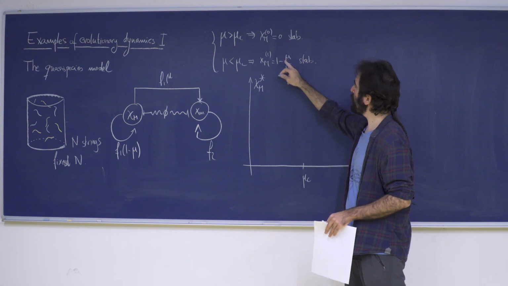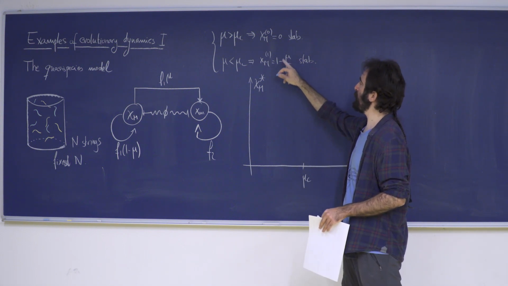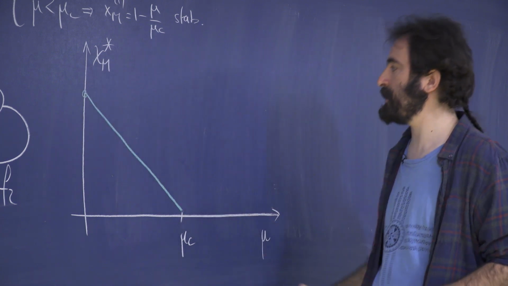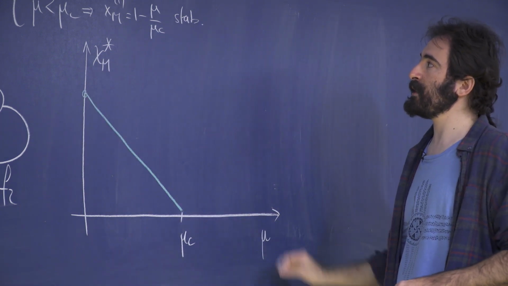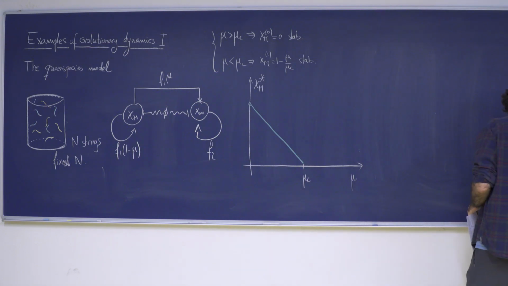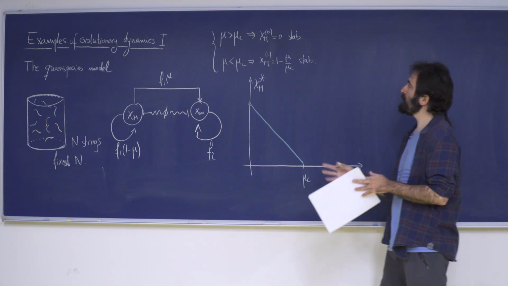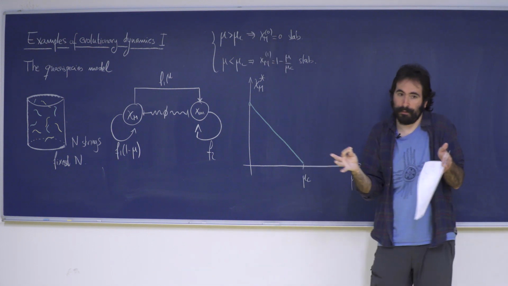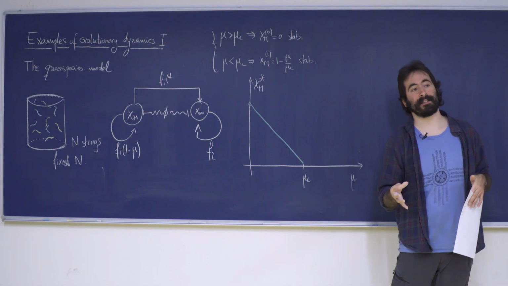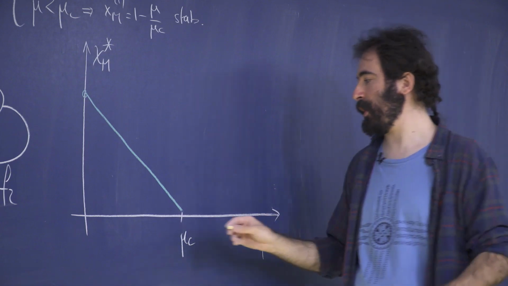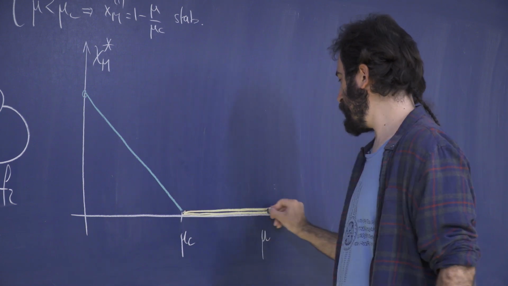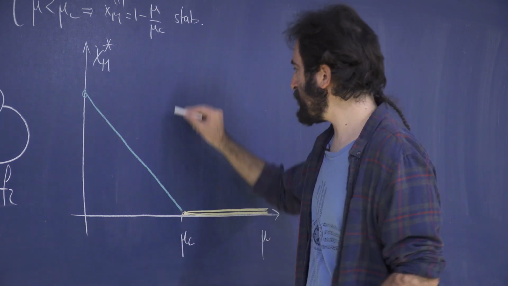And it goes down linearly with this probability of mutation mu, right? So it goes down linearly like that until it hits exactly 0, which is precisely at the critical point, right? From this critical point onwards, what we have is a phase where there's only mutants in the urn, and there's 0 master sequences left in the urn in stationarity, right? So this we can depict like that, right? So here we're going to have two regimes basically.